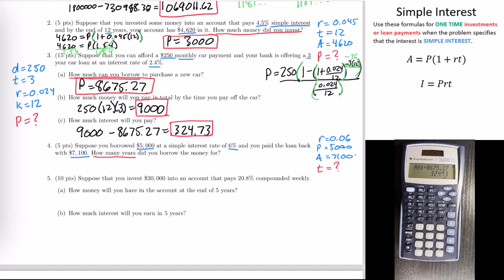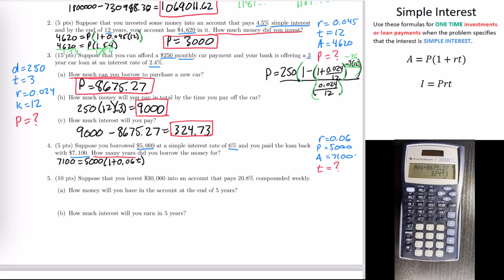So when I plug those in, I get 7,100 equals 5,000 times 1 plus my interest rate, which is 0.06 times T. Okay, so if I wanted to simplify this, I would simplify inside of the parentheses first, and then I would multiply that result by 5,000.